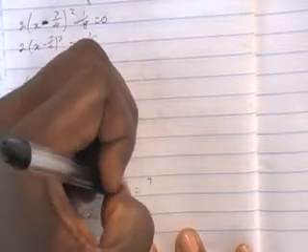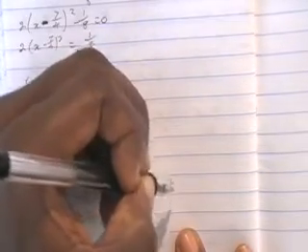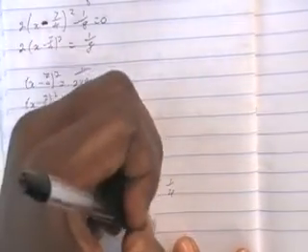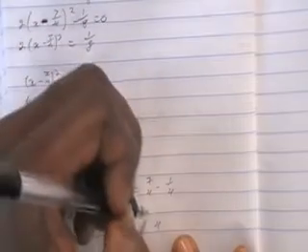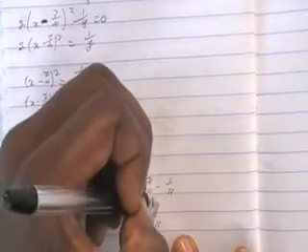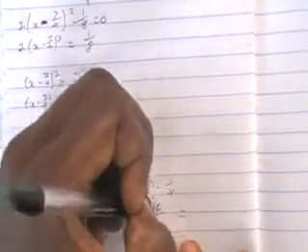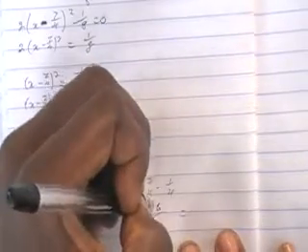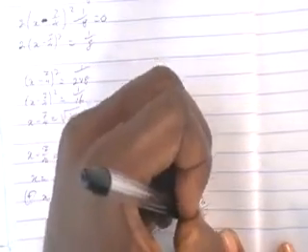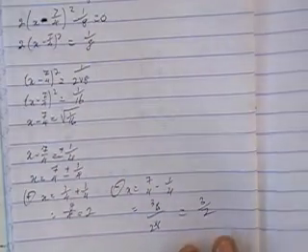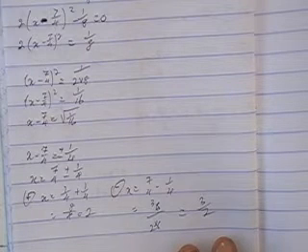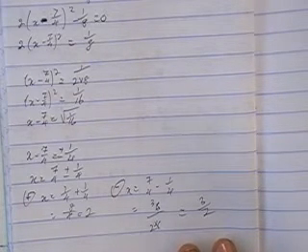Now x is equal to 7 over 4 minus 1 over 4, and LCM is 4, and this would be 7 minus 1, which is 6 over 4. Cancel. This would be 3 and this would be 2. 3 over 2 is our answer there. So we found the two values of x. Alright, that's completing the square method.